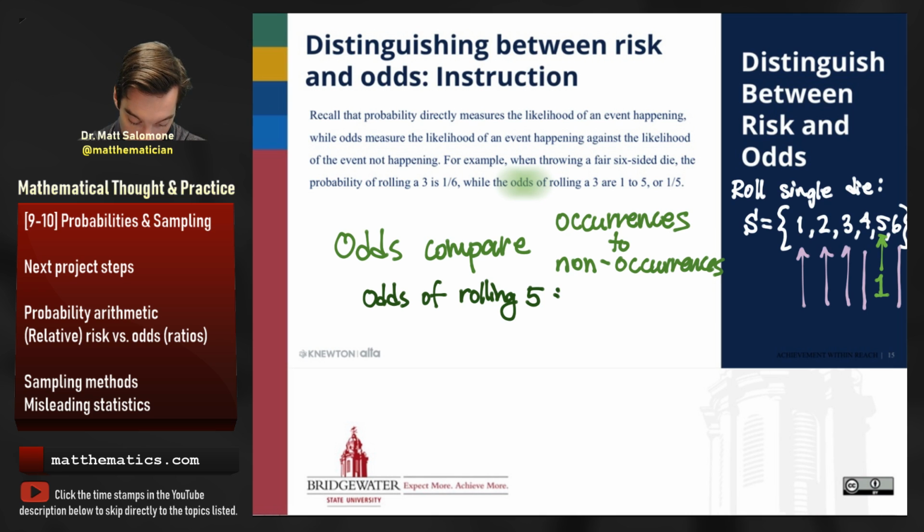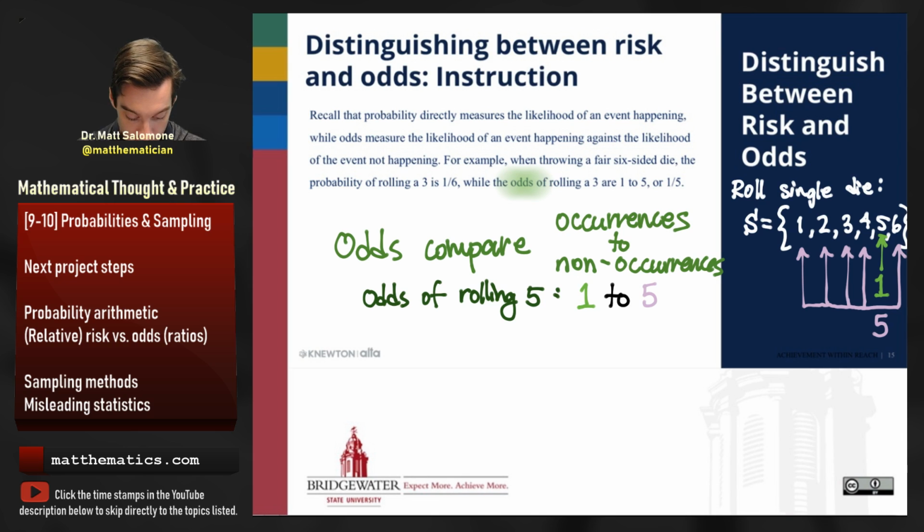So there's one way in which I can come up a winner, and there's 5 ways in which I can not come up a winner. And so the odds in favor of rolling a 5 are 1 to 5, sometimes reported by odds makers using the word to. There's one way in which this thing can happen, there's 5 ways in which this thing cannot happen, and so the odds are 1 to 5.